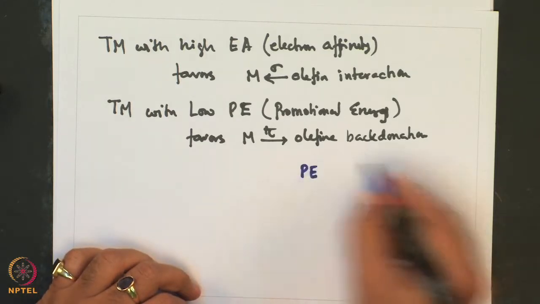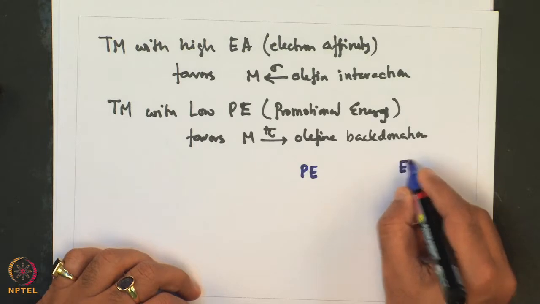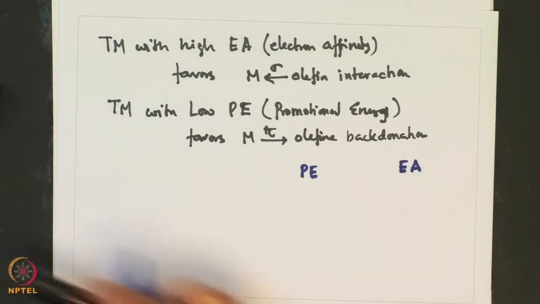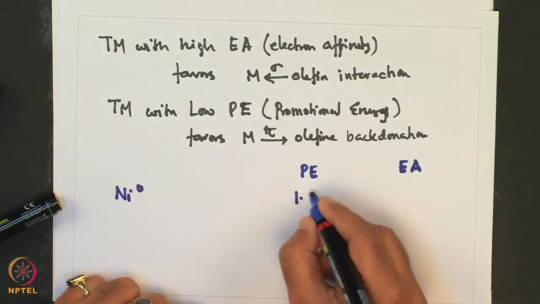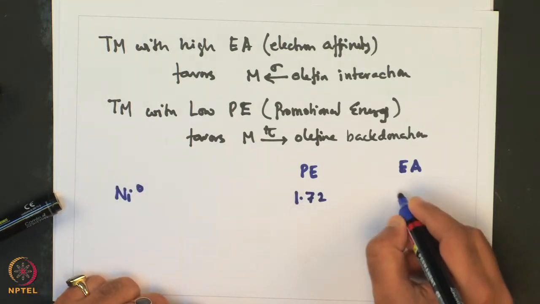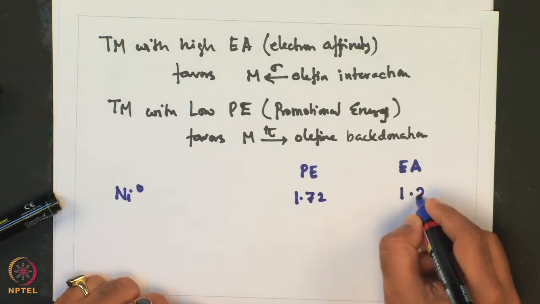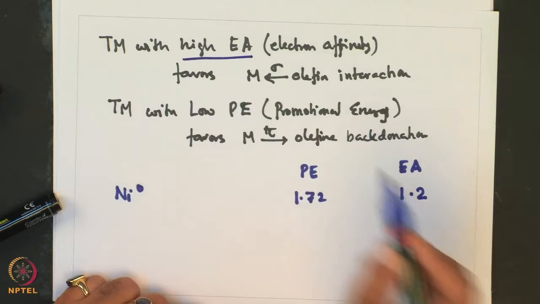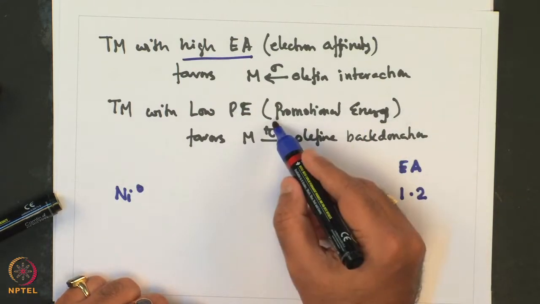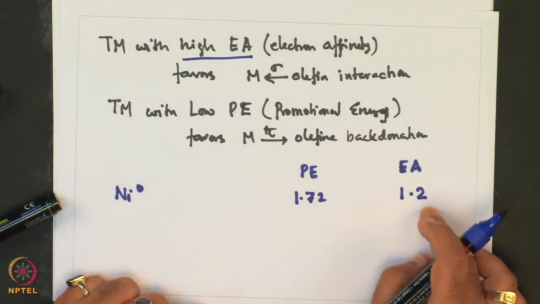For example, these are promotional energy and electron affinity. So, let us say for nickel 0, the promotional energy is 1.72 and electron affinity is 1.2. Now, it says high electron affinity favors forward sigma donation, but the electron affinity is very low.